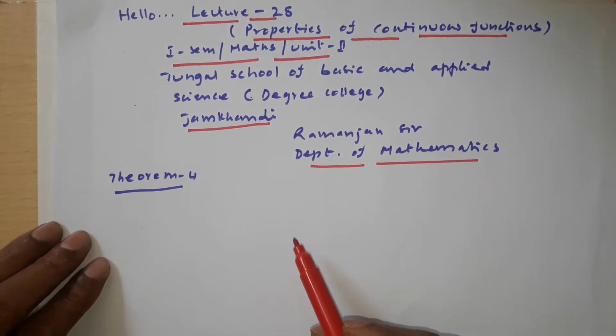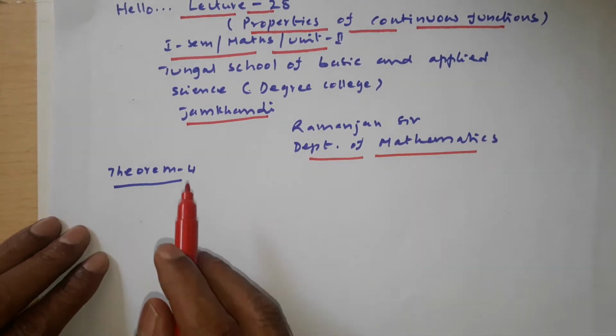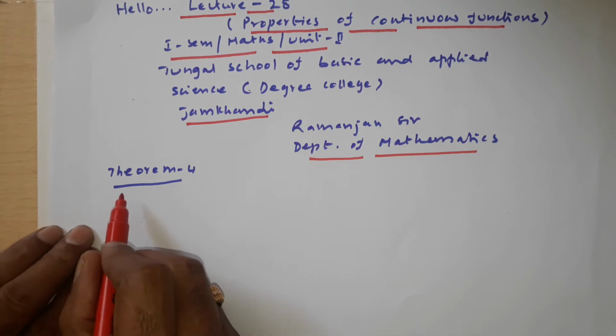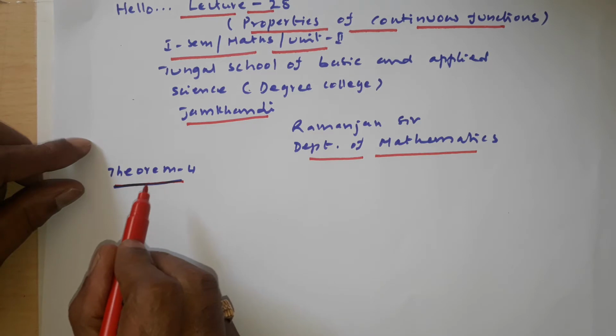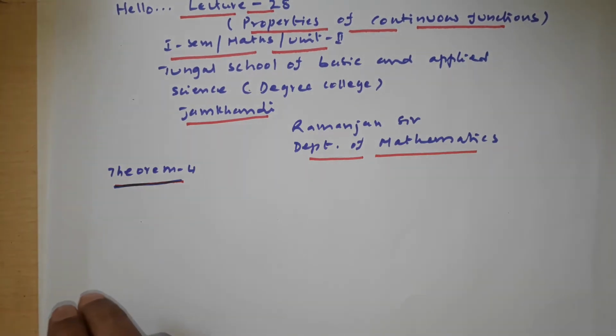So in continuation of the properties of continuous functions, now property 4 or theorem 4. Next statement.